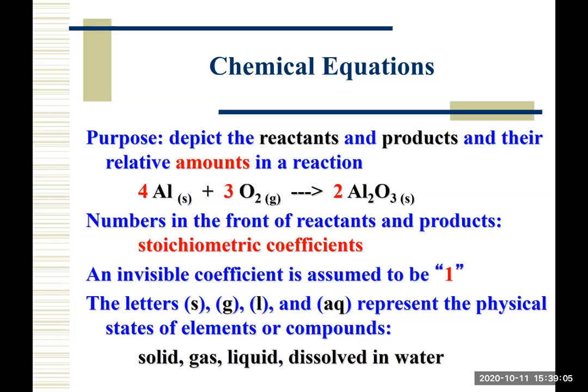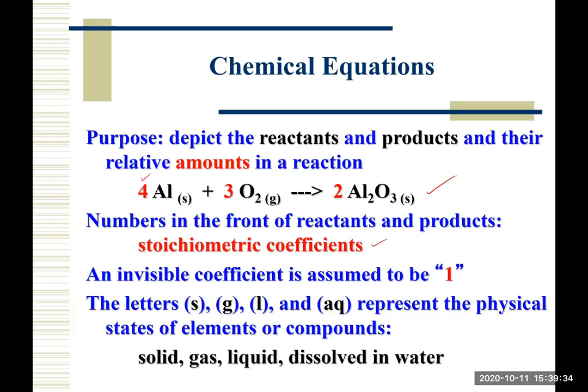The purpose of chemical equations is to depict the reactants and the products, and also their relative amounts in a reaction. So in this particular reaction equation, we see that 4 solid aluminums react with 3 gaseous oxygens to form 2 solid aluminum oxides. The numbers in front of those reactants and products are called stoichiometric coefficients.